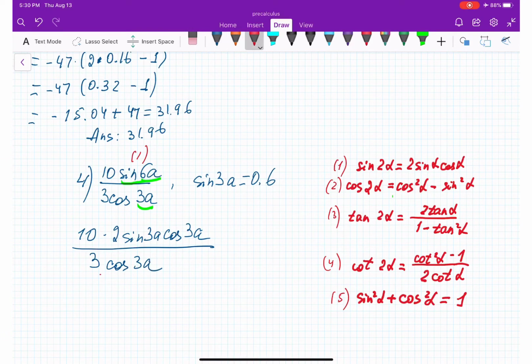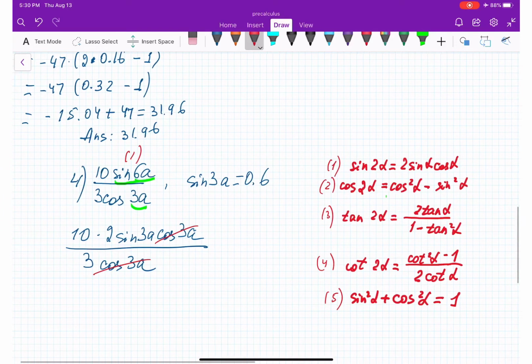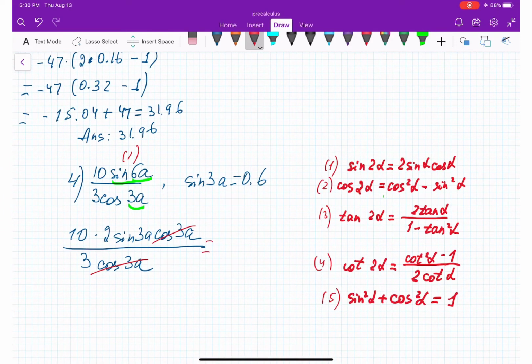Okay, we are canceling cosine 3a, cosine 3a, and we are getting 20, oops, it's going to be 20 over 3, 20 because 10 times 2 here. And we have sine 3a. So sine 3a is going to be equal to 20 over 3.